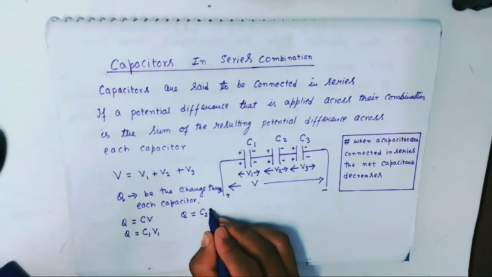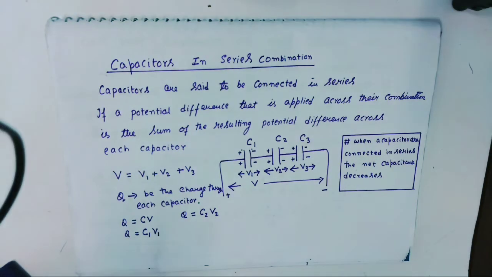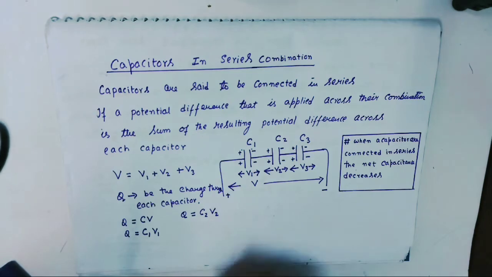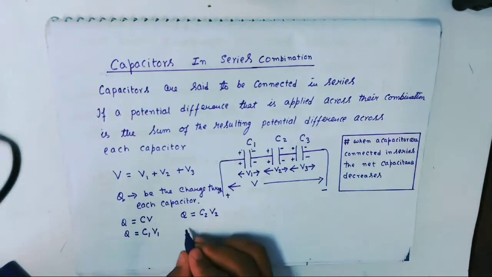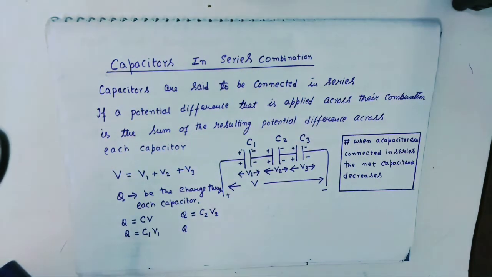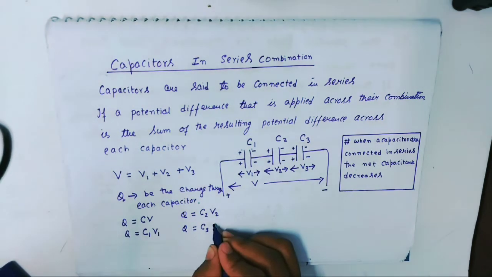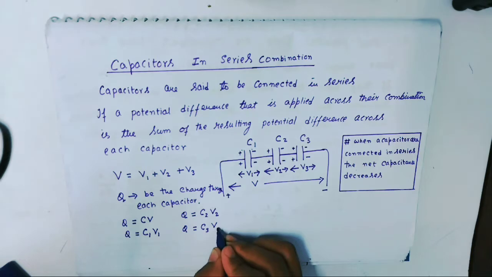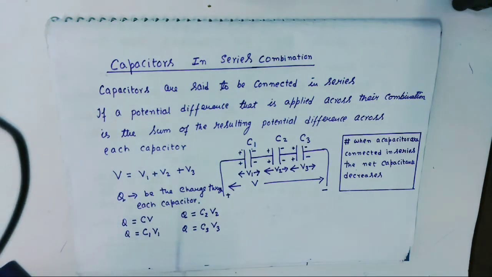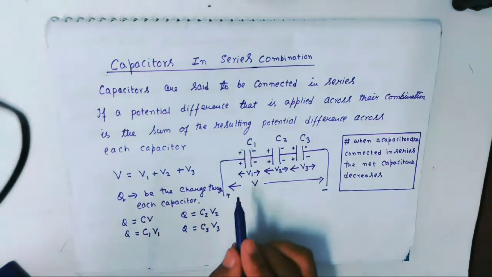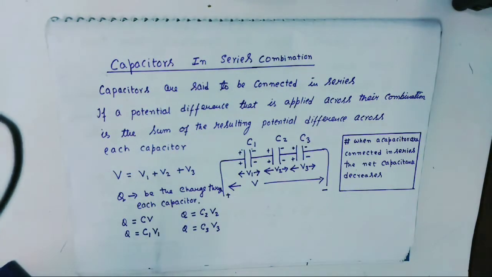The potential, it is V2. And also, in this capacitor C3, the charge is Q. The capacitance is C3. And the potential is V3. As I have mentioned earlier, that in the series grouping, the charge through each capacitors are same.